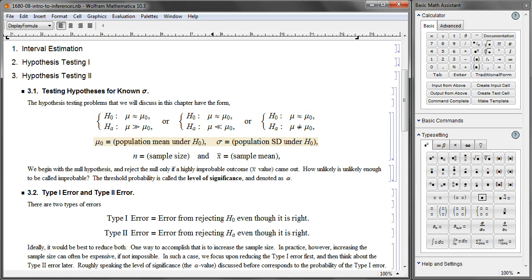On top of those, we need these two from the population. By the way, the population is associated to the null hypothesis. Mu naught, of course, we know about that. And then on top of that, we need sigma, the population standard deviation. By the way, in the next chapter, in chapter 9, we're going to talk about hypothesis testing problem that is very, very similar to this, except that this one is not given.